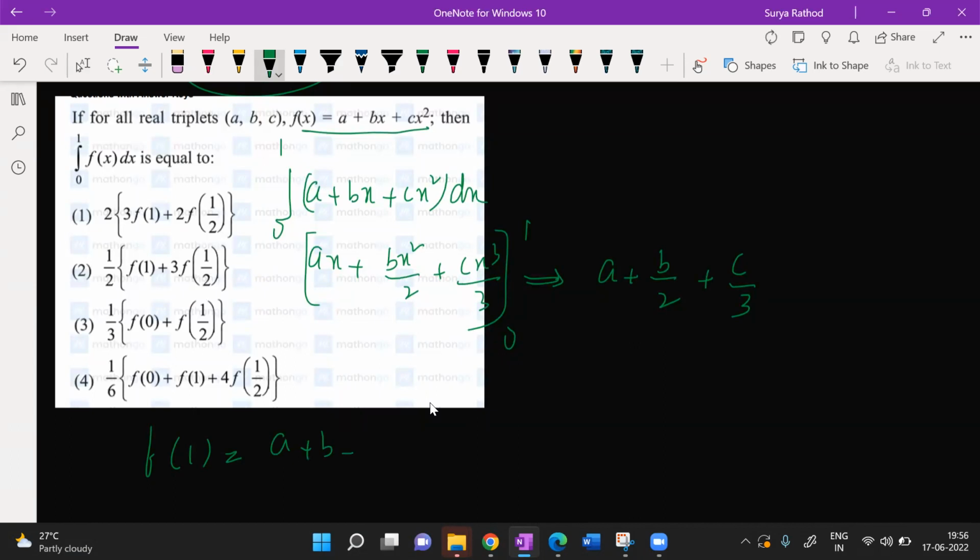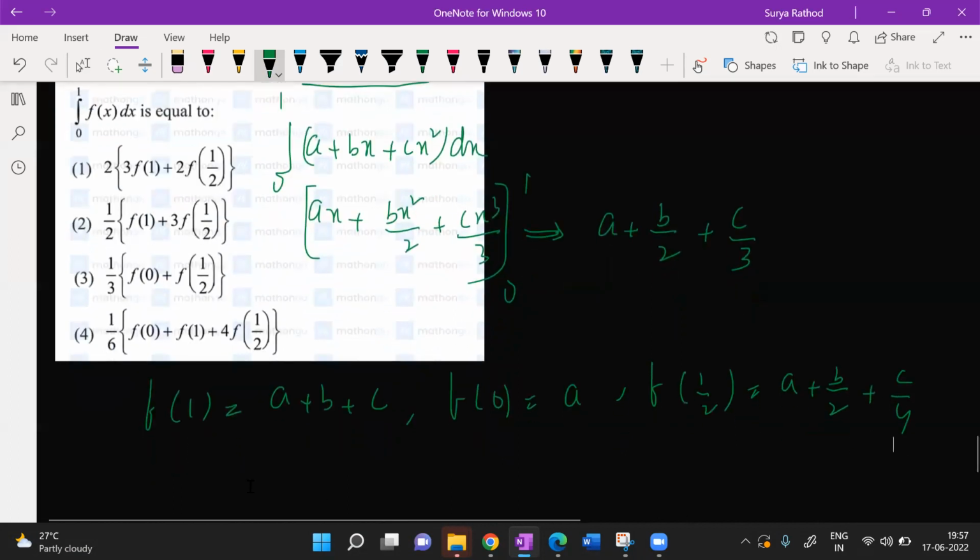A plus b plus c. What is f of 0? F of 0 is a only. What is f of 1 by 2? A plus b by 2 plus c by 4.